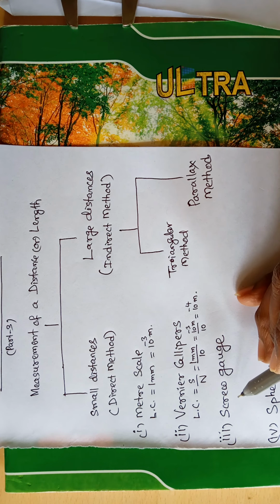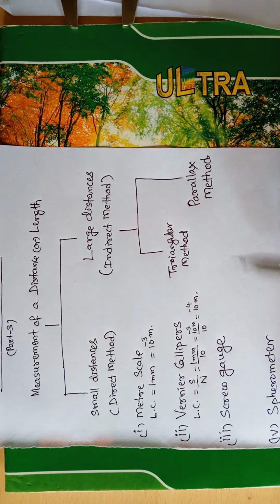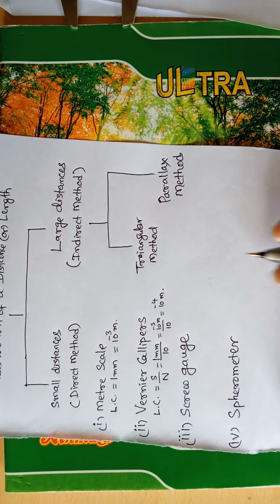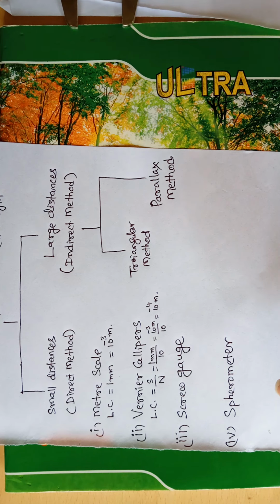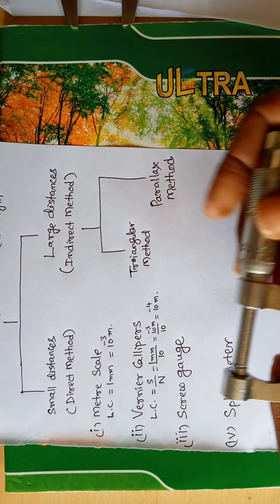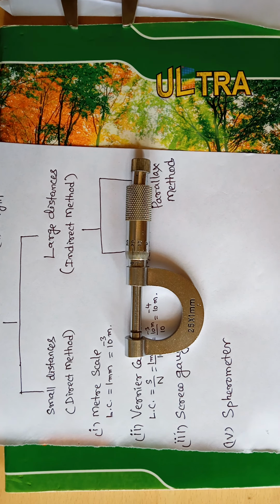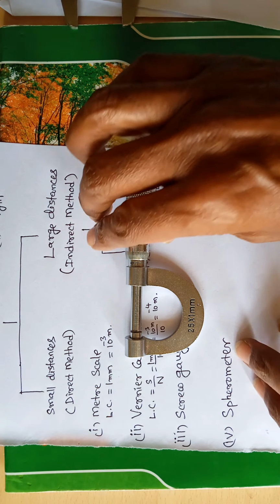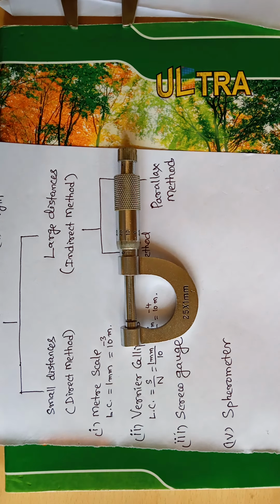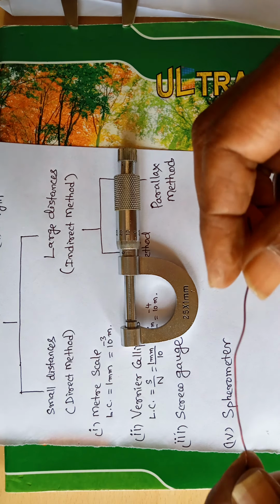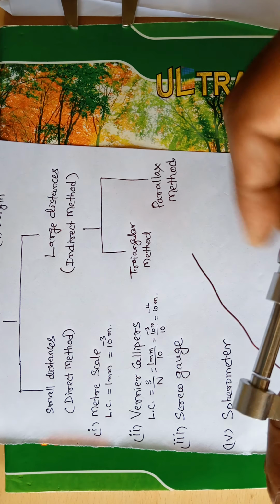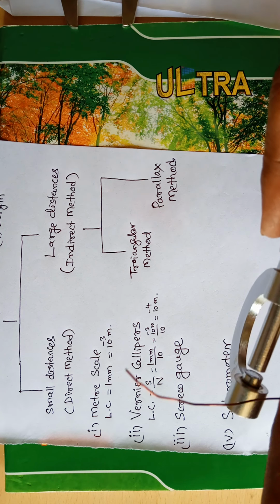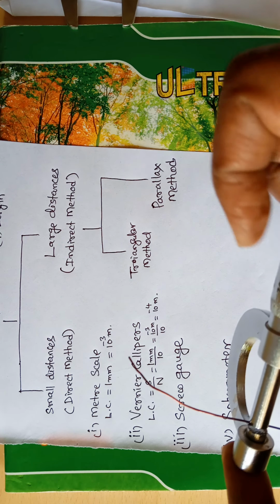Similarly, there is another measuring apparatus called the screw gauge. Let me show you the screw gauge. This is the screw gauge. This screw gauge is used to measure the thickness of a glass plate or the thickness of a wire. See, you can see the wire. By rotating this, here we put the wire.